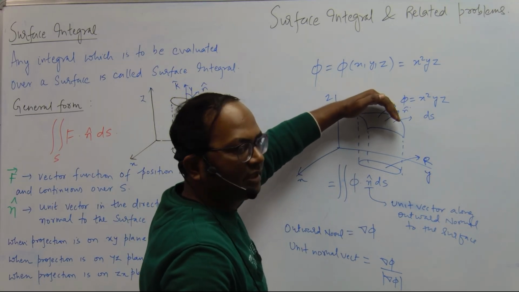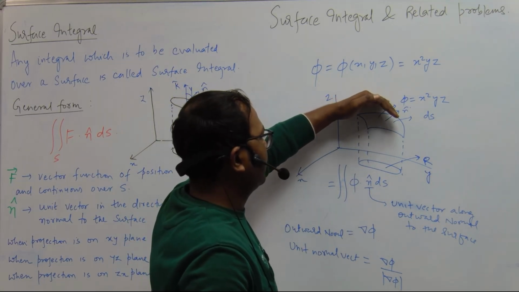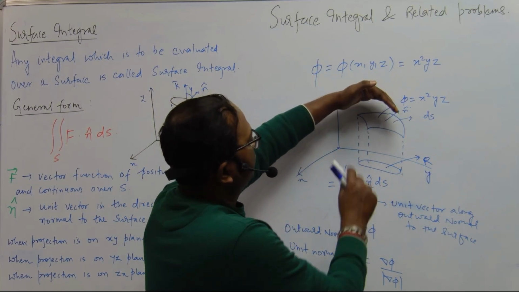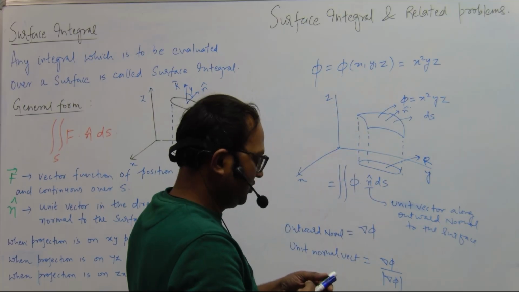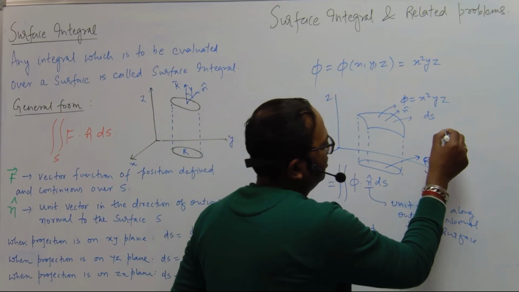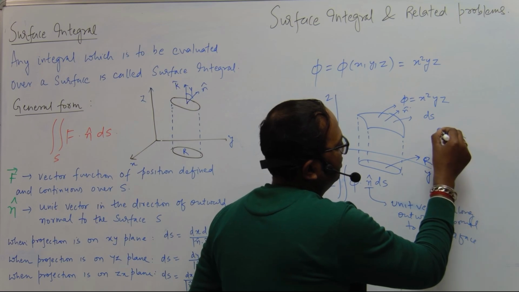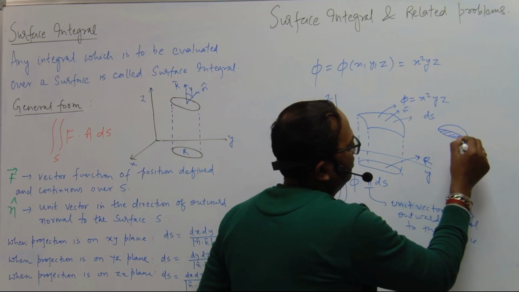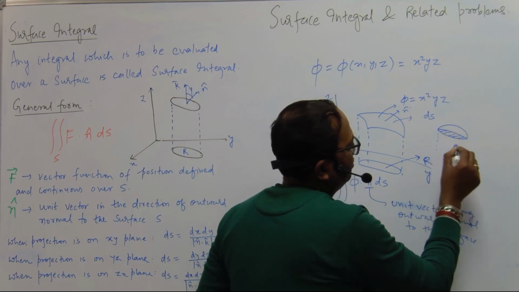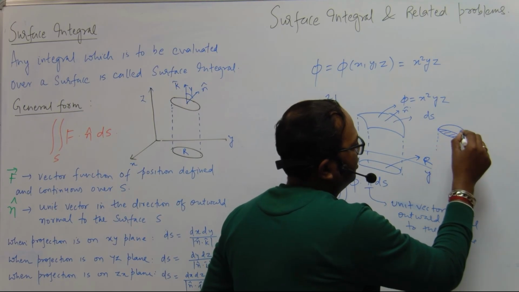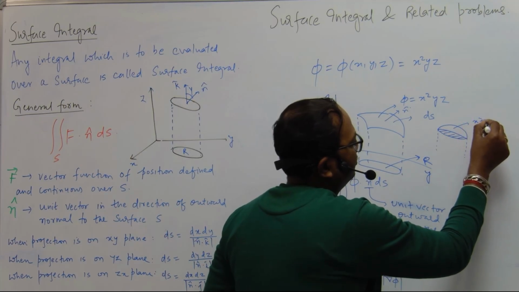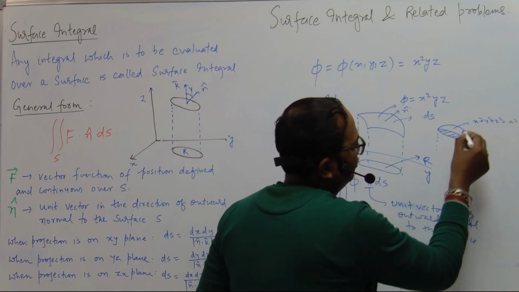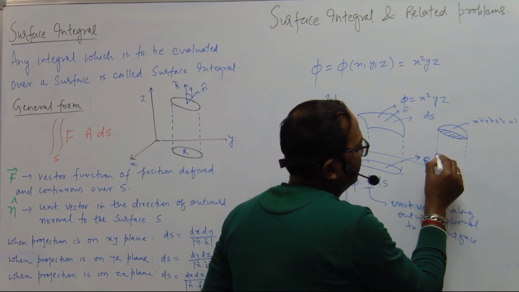Whenever we take a projection of the curved surface, it will be a planar area. Suppose we have a hemisphere like this, with equation x square plus y square plus z square is equal to a square. Whenever we take a projection on the xy plane, we will get a circle like this.